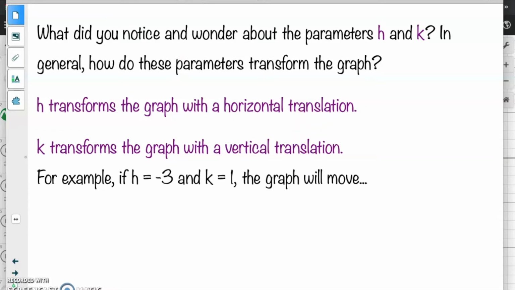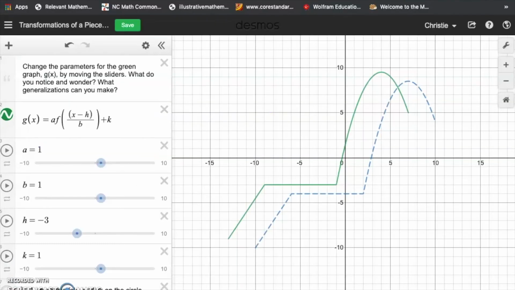So consider this example. If H is -3 and K is 1, how will the graph move? Think about it and try it for yourself. So by changing the slider for H to -3 and K to +1, we can see that the graph has been moved to the left 3 units and up 1 unit.